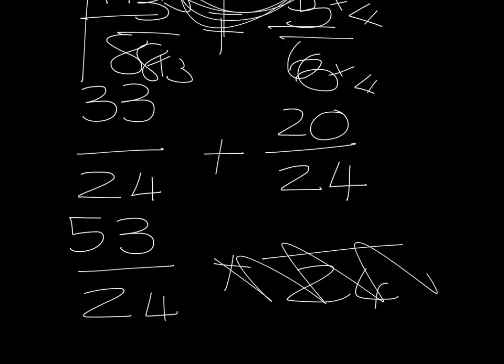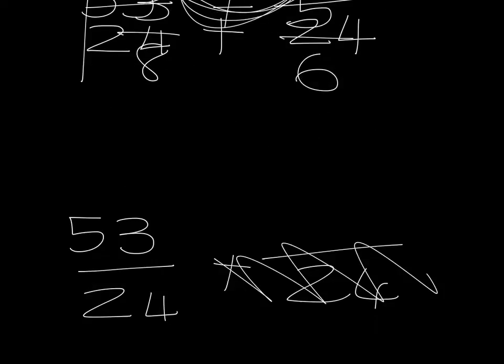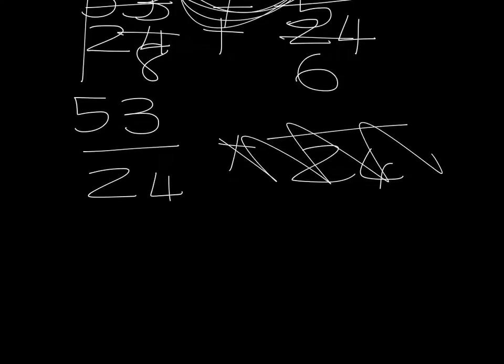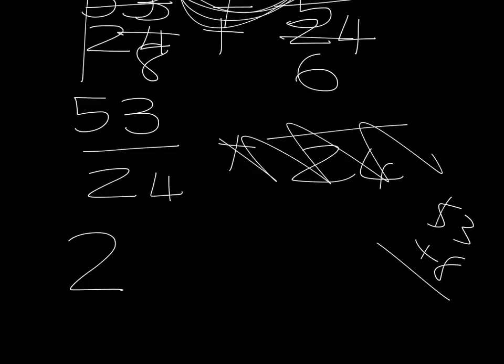Well, we can't leave our answer as an improper fraction. We have to make it back to a mixed number. So how many times does 24 go into 53? Well, 48 would go in twice, so it'll be 2. And 53 take away 48, that's 5.